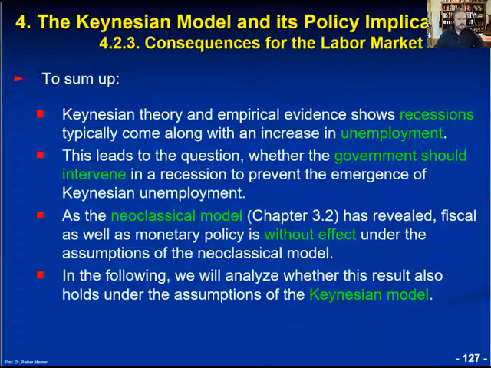As the neoclassical model has revealed, fiscal as well as monetary policy is without effect under the assumptions of the neoclassical model. This leads to the question whether this result holds also under the assumptions of the Keynesian model. We will discuss this question in the next lesson. So much for this lesson.